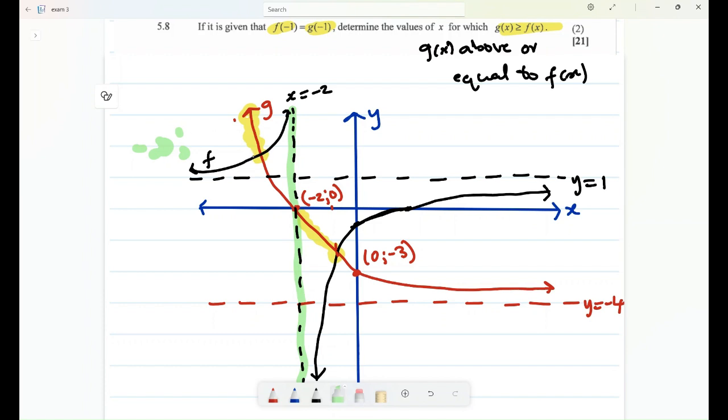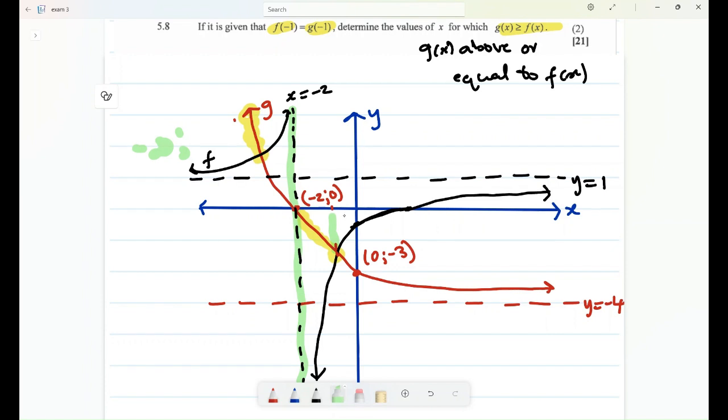Then another portion again, it is from -2 here in our asymptote to this x value here, which we know is -1.